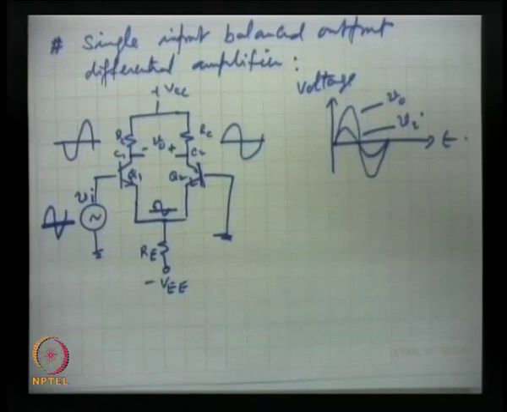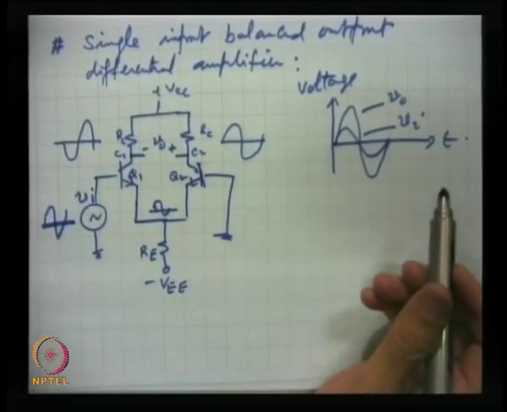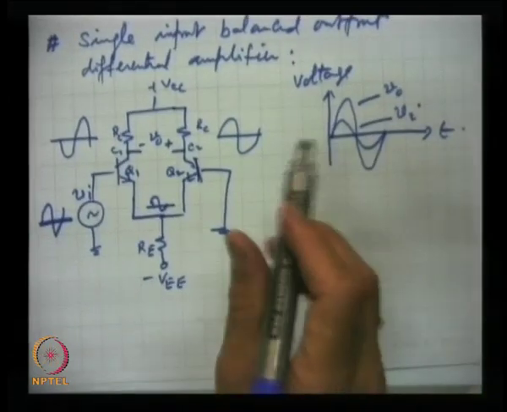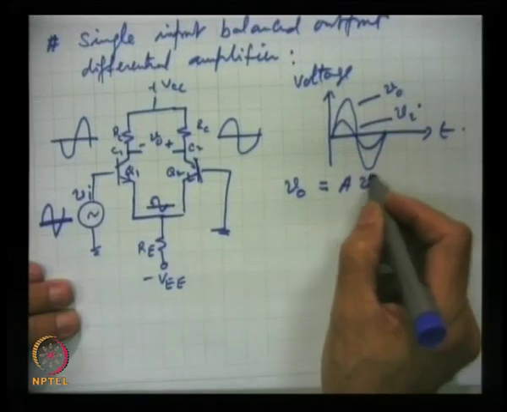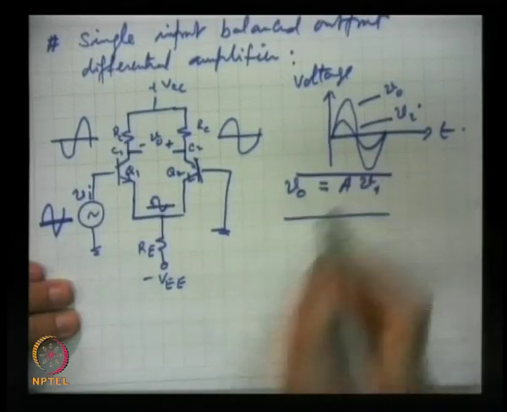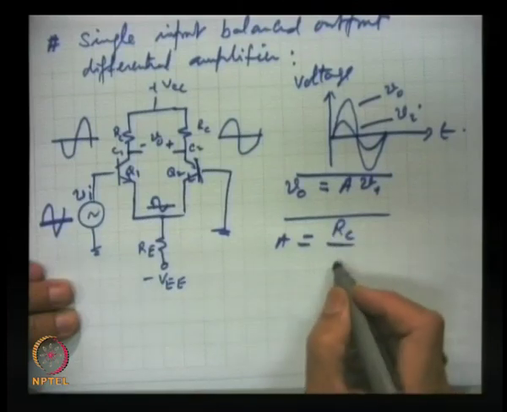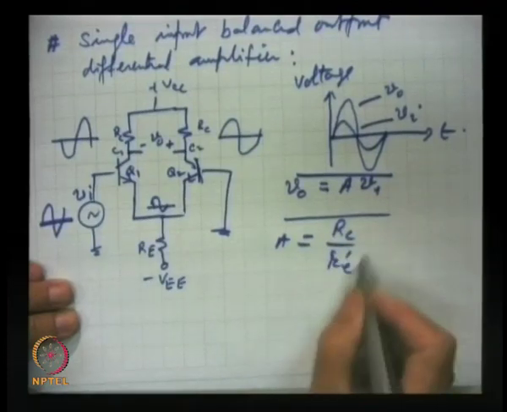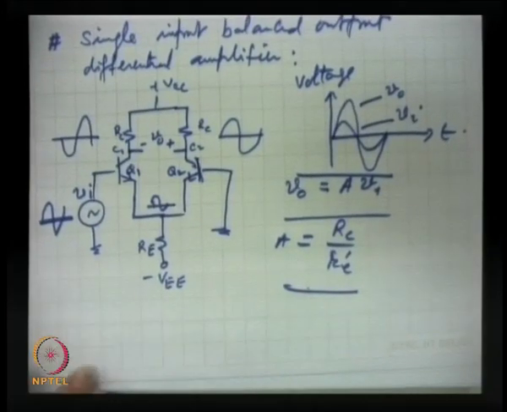So, we will get the output and input like that, and V0 will be equal to A Vi, where A is RC by RE prime, as in the first case we studied. And the last one, which is not used actually, is single input unbalanced output.